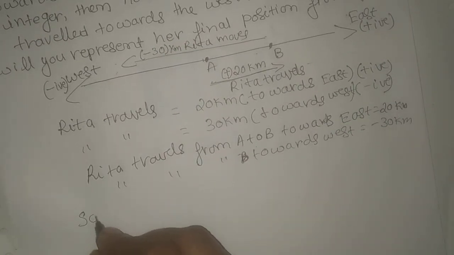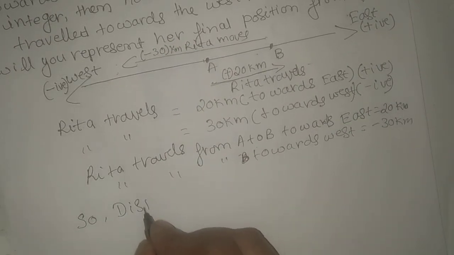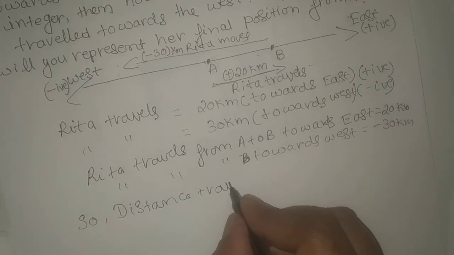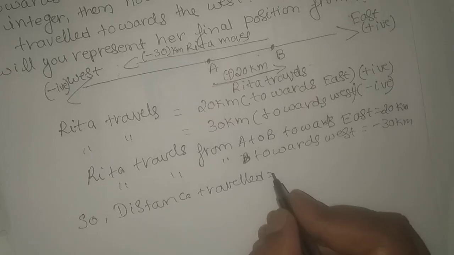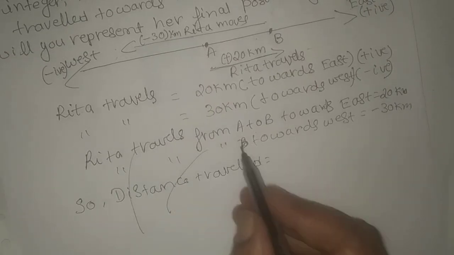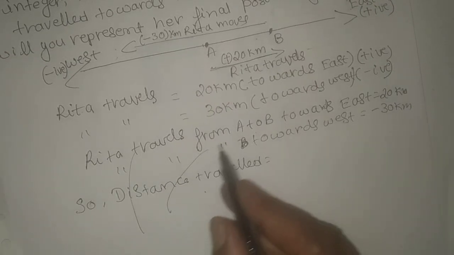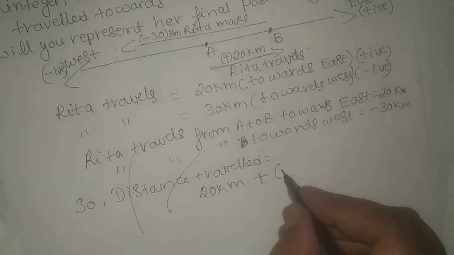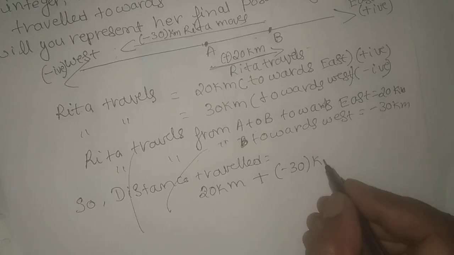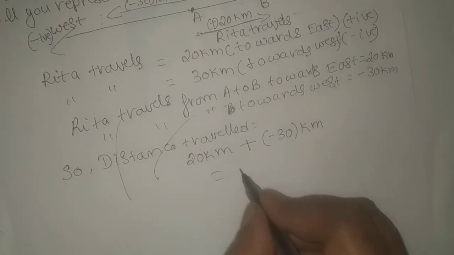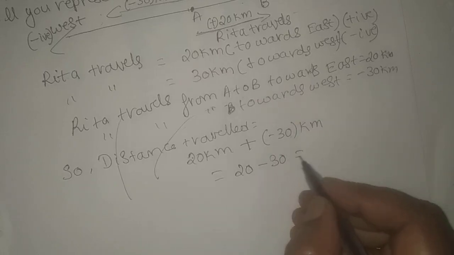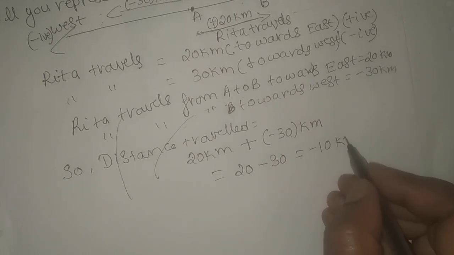So finally, the distance traveled is equal to adding these two: Rita travels from A to B, 20 kilometers, plus minus 30 kilometers, which is equal to 20 minus 30. Then this plus becomes minus, since it is minus here we get minus 10 kilometers.